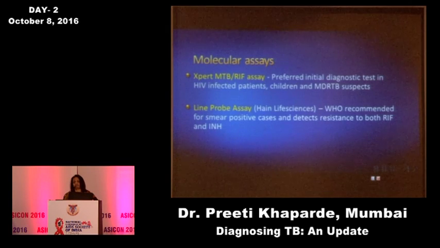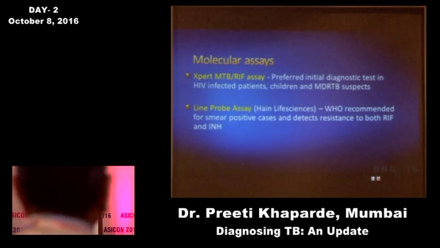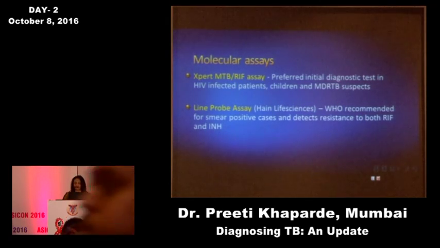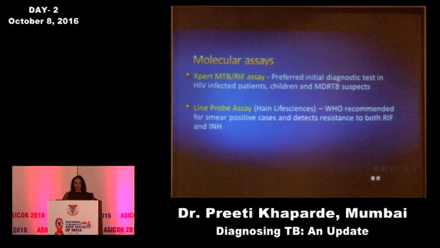Coming to molecular assays, we have been using Xpert assays for the last 5 years. It's the preferred initial diagnostic test in all MDR TB cases, in all HIV infected patients and in children. It detects not only Mycobacterium tuberculosis, but also detects resistance to rifampicin.